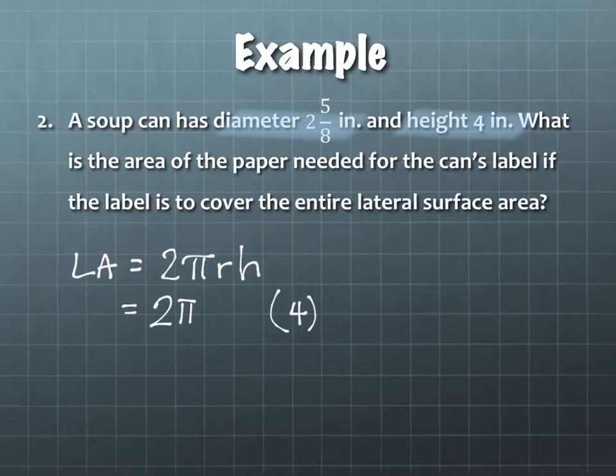So right now, my diameter is 2 5/8. That's not a very nice number. So you have a couple of options. If you wish, you could change that fairly okay into a decimal. It's not the worst decimal ever, it terminates at least, so you could do that if you wish. Another option is that you could turn this back into an improper fraction.